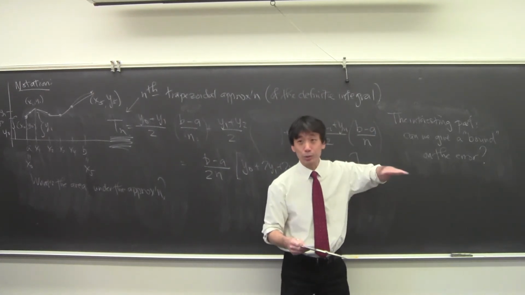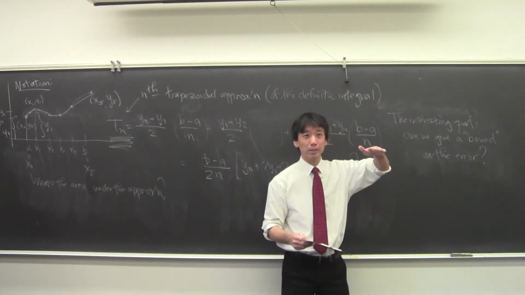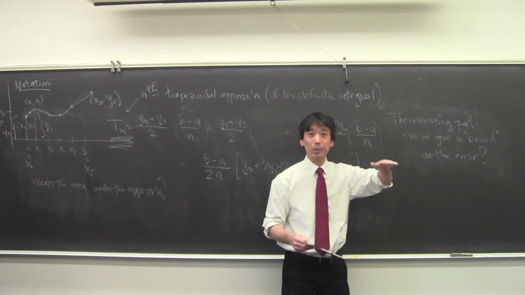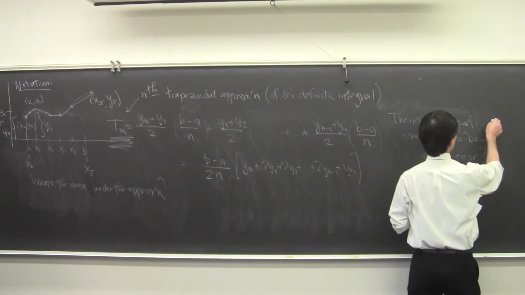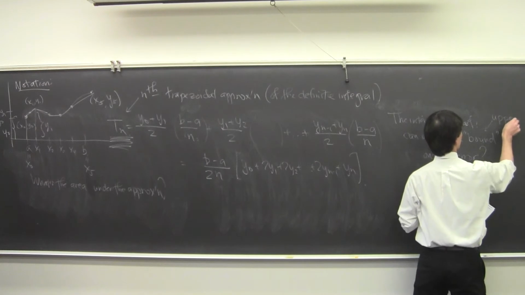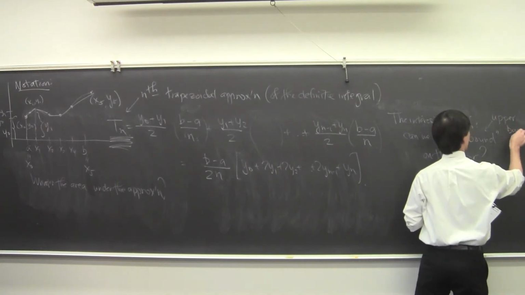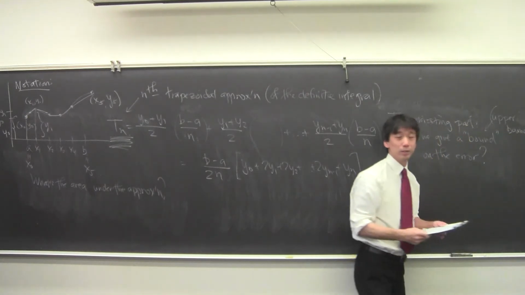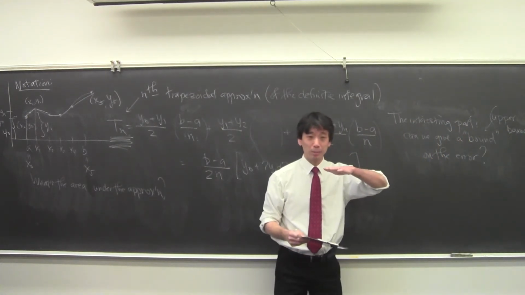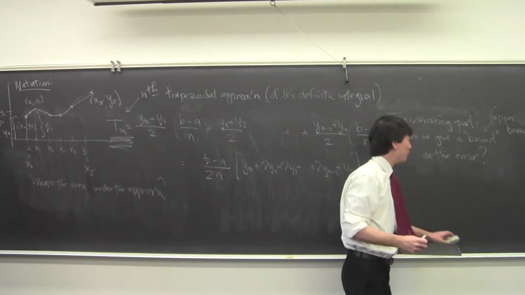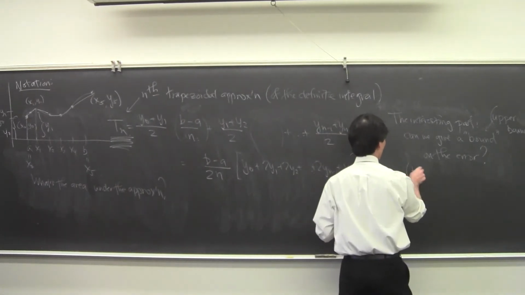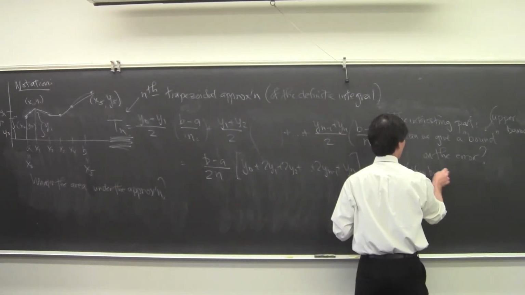That is, can we control the error? Can we give some number and say the error is smaller than this number, right? Really, we call this thing an upper bound. Right? It's just some control on it. Okay. Like how big can the error be?